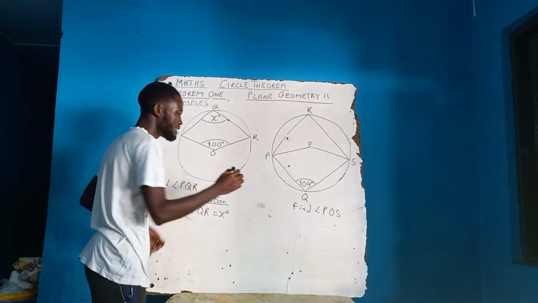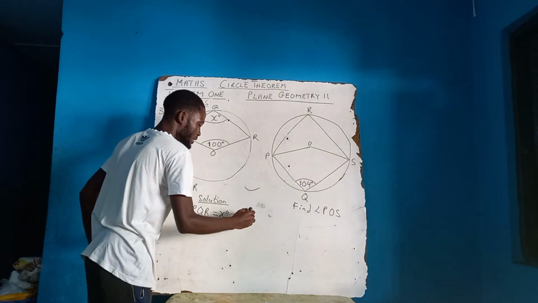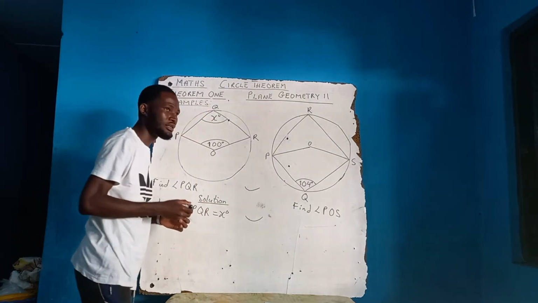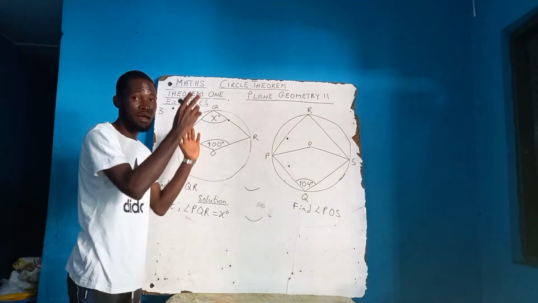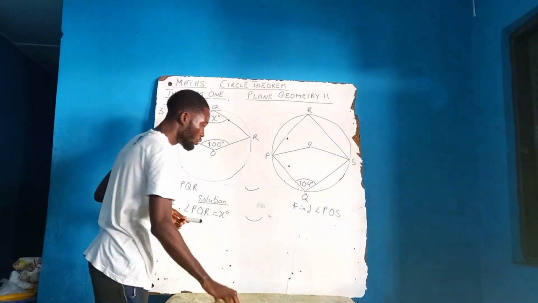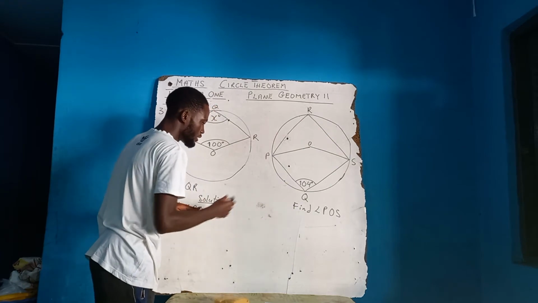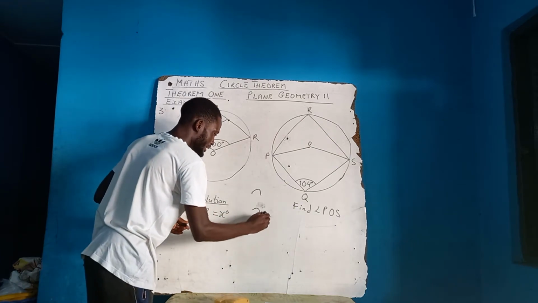The angles forming at the circumference had a similar shape. They were both facing upwards. Or if they are facing downwards, then it ought to be like this.